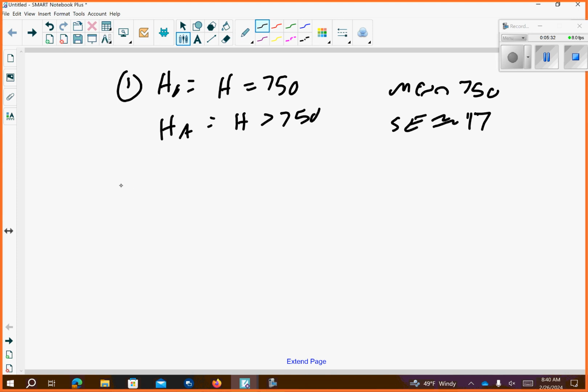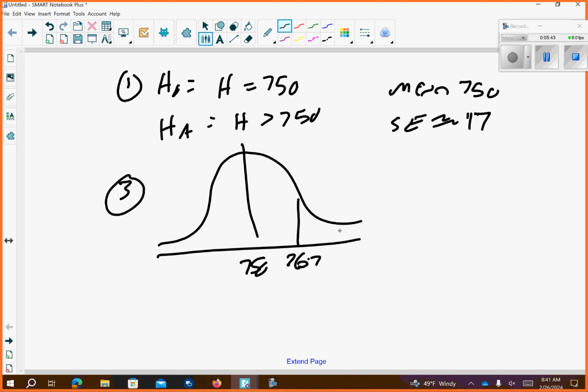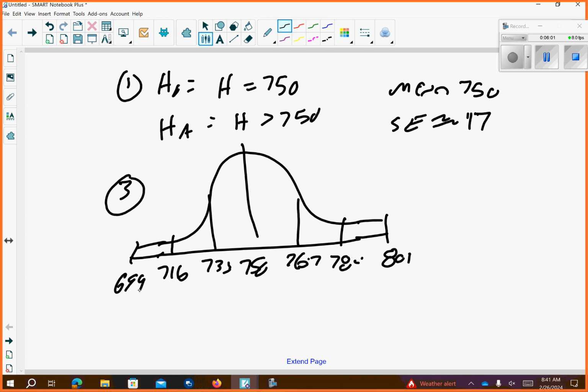And then number three, our normal distribution should look like this. 750, 767, 784, and 801. And then this way subtract it, 733, 716, and 699. Okay, so everyone feels good so far about this, right?